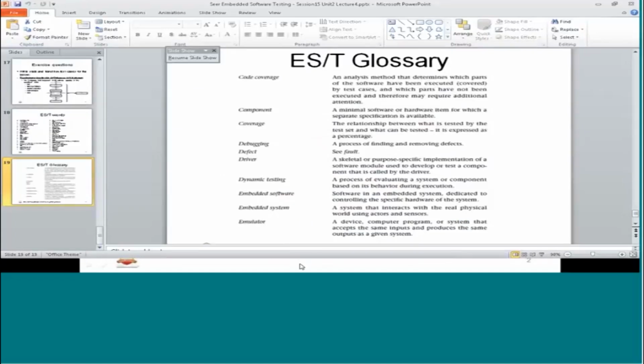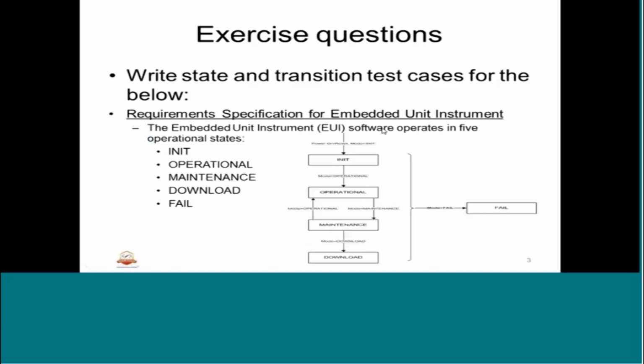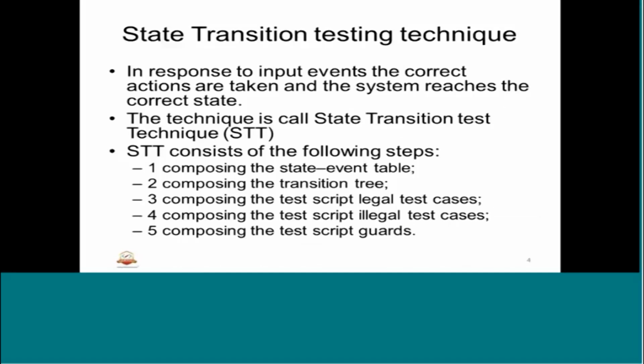So we will see state or event transition today. As I said, for this exercise we need to develop state and transition test cases for the below requirement. Okay. Now we will study the state transition testing technique.